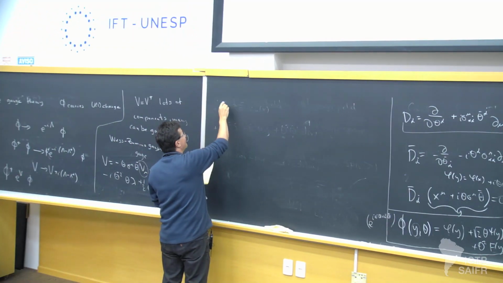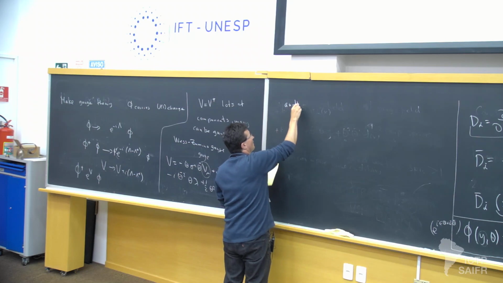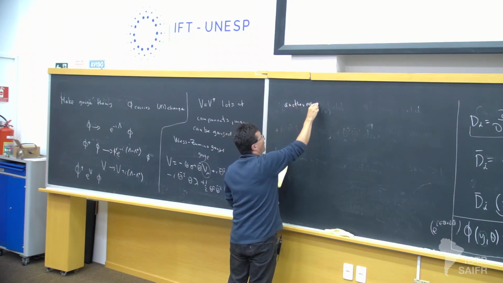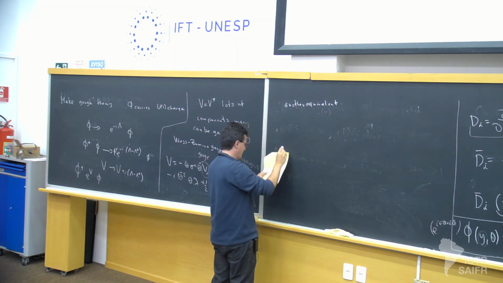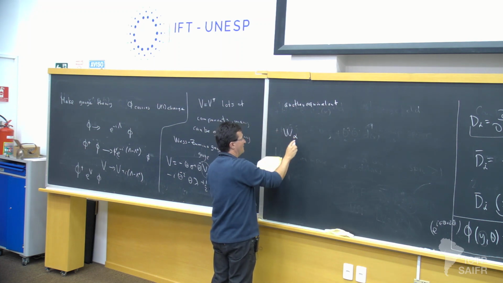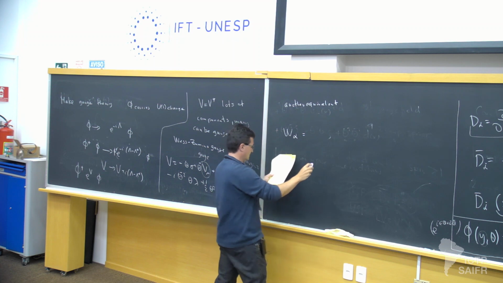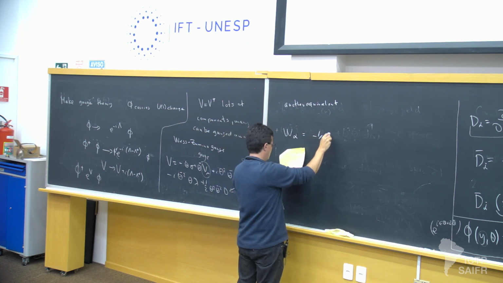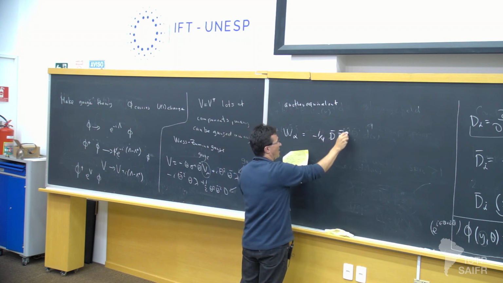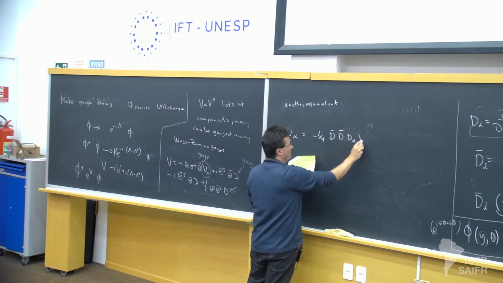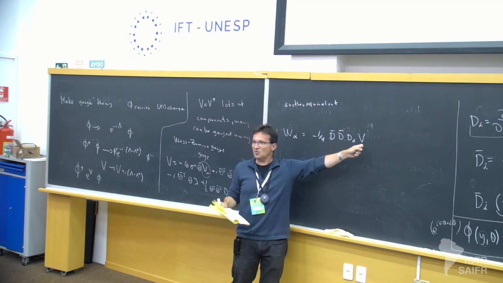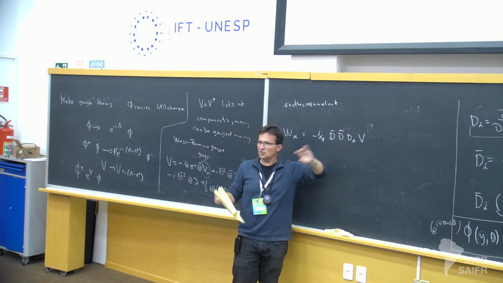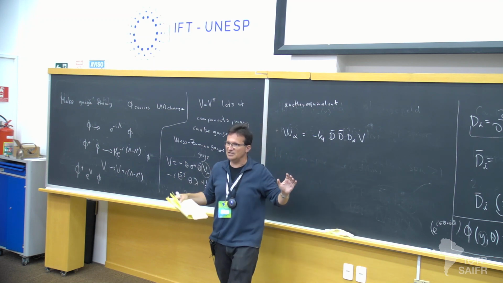So there's another equivalent formulation where you write W alpha is minus 1/4 D bar D bar D alpha on V. Okay, so you see W has the same content as V. So you can use them interchangeably.